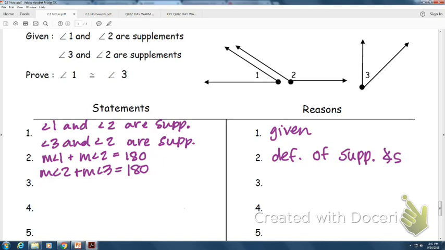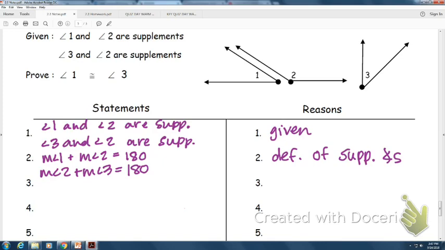After I have 2 things equal to each other, what could I do? Substitution. So 1 and 2 equals 180, and 2 and 3 equal 180. What can I put 2 and 3 in the place of? 180. Do we see that?